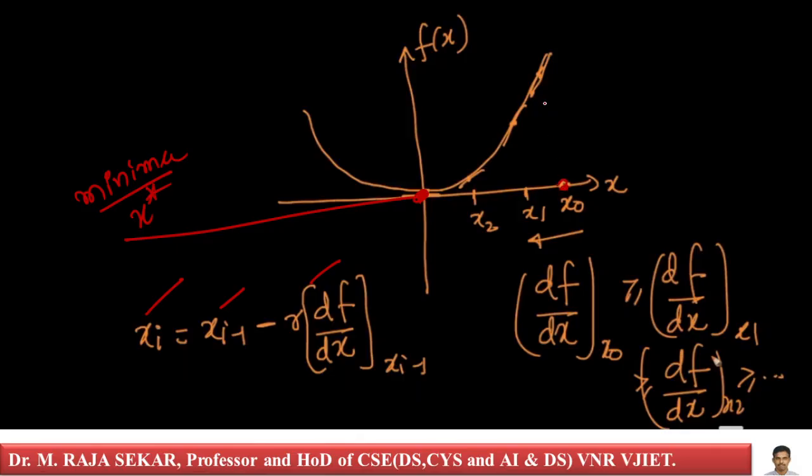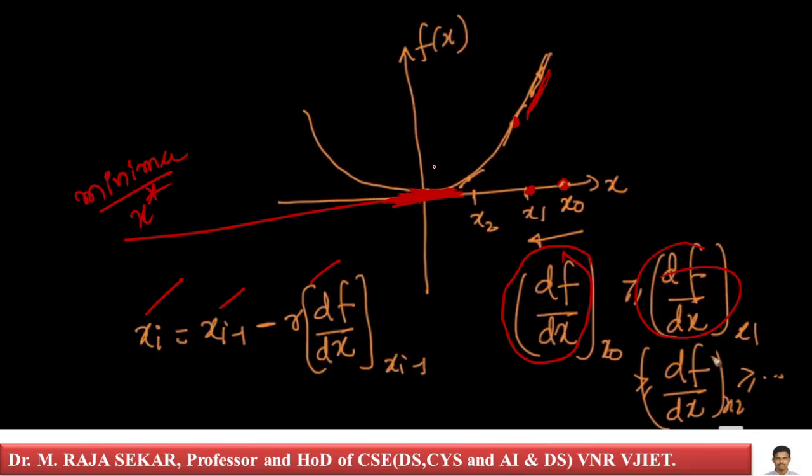Here I can find the slope: df by dx at x0 is greater than or equal to df by dx at x1, which is greater than or equal to df by dx at x2. As we come closer to x star, the slope keeps reducing, and eventually the slope becomes 0. We already discussed that in previous lectures.